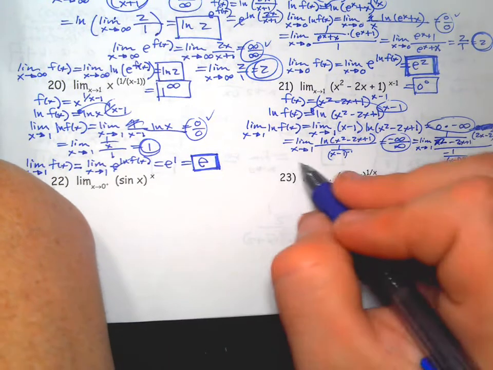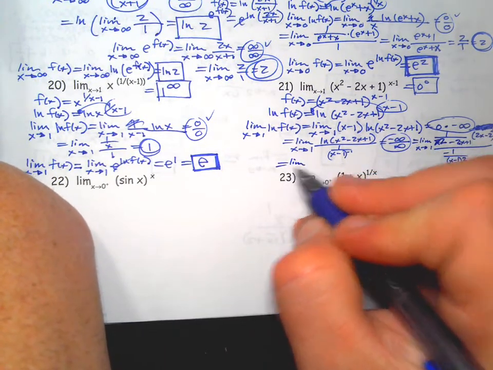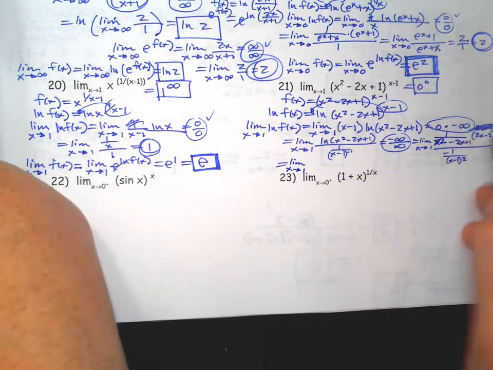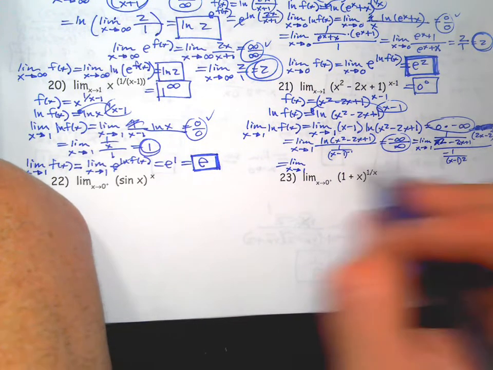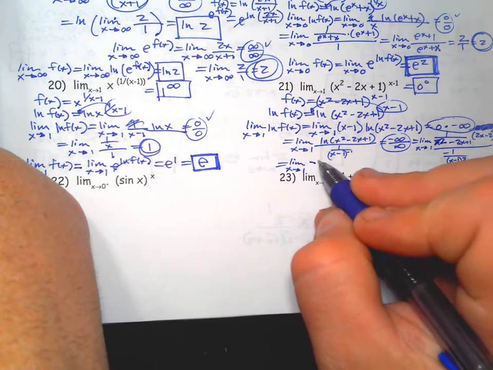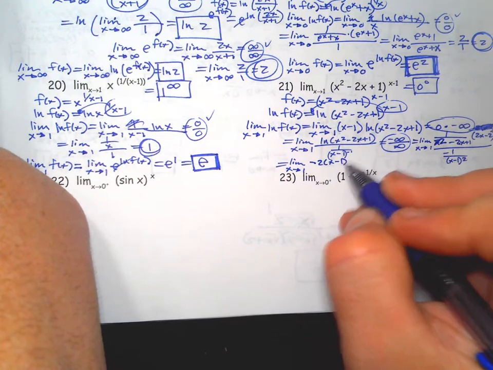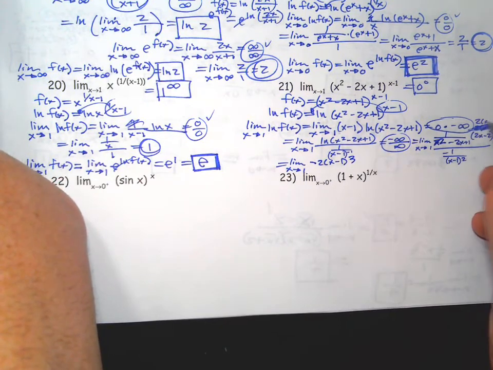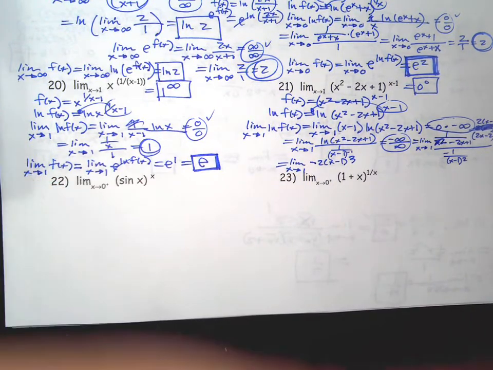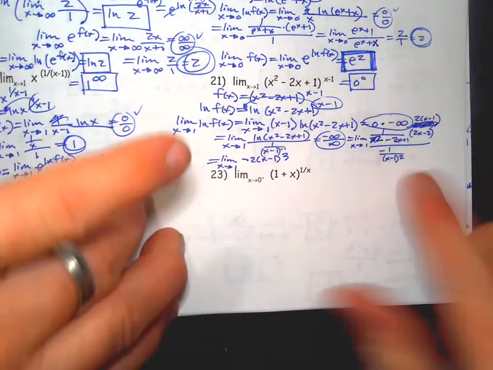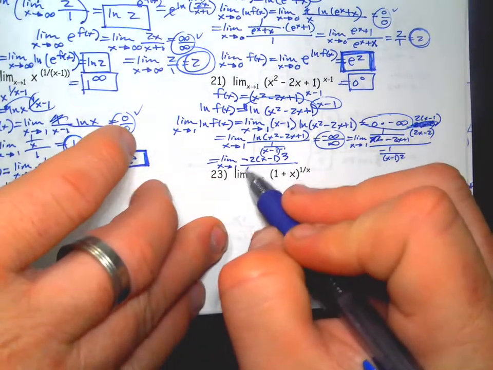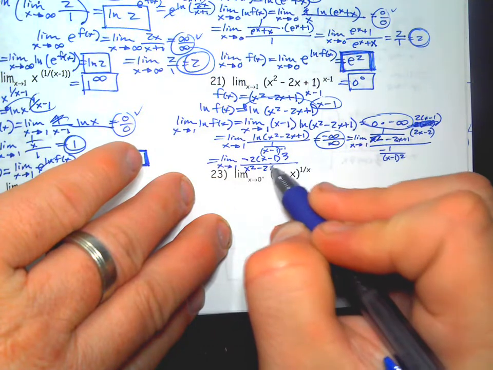Okay, so I'm going to rewrite this as not a complex fraction anymore. So it's going to be negative 2 over x minus 1 cubed, if you factor that out. And then multiply by the reciprocal, x squared minus 2x plus 1.